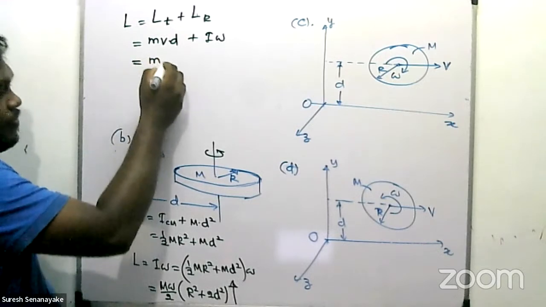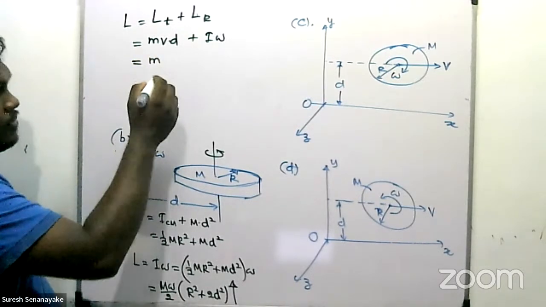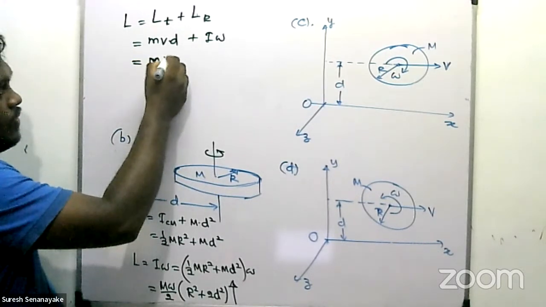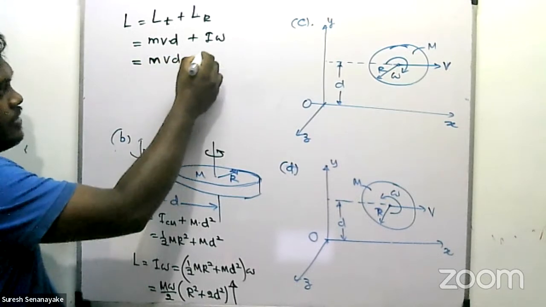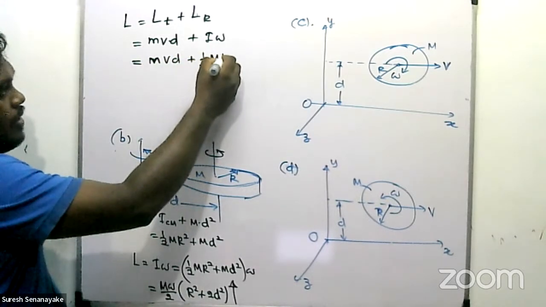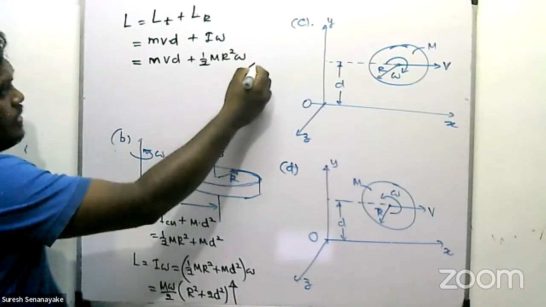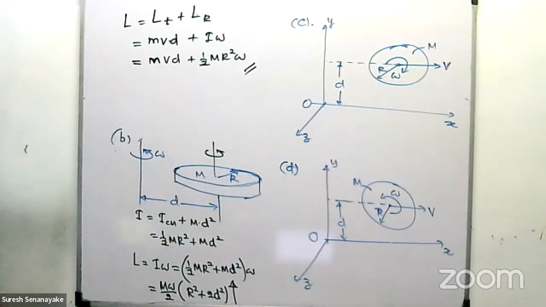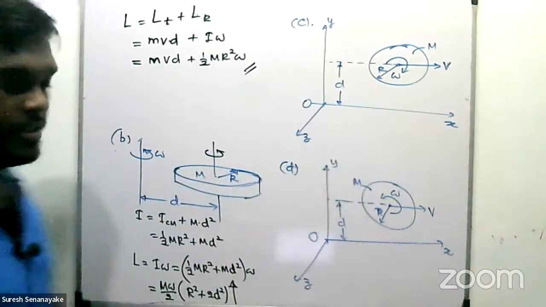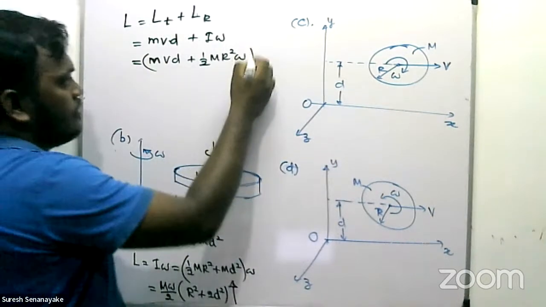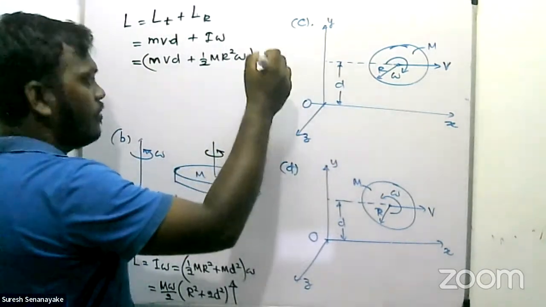So the total is m v d plus half m r square omega.